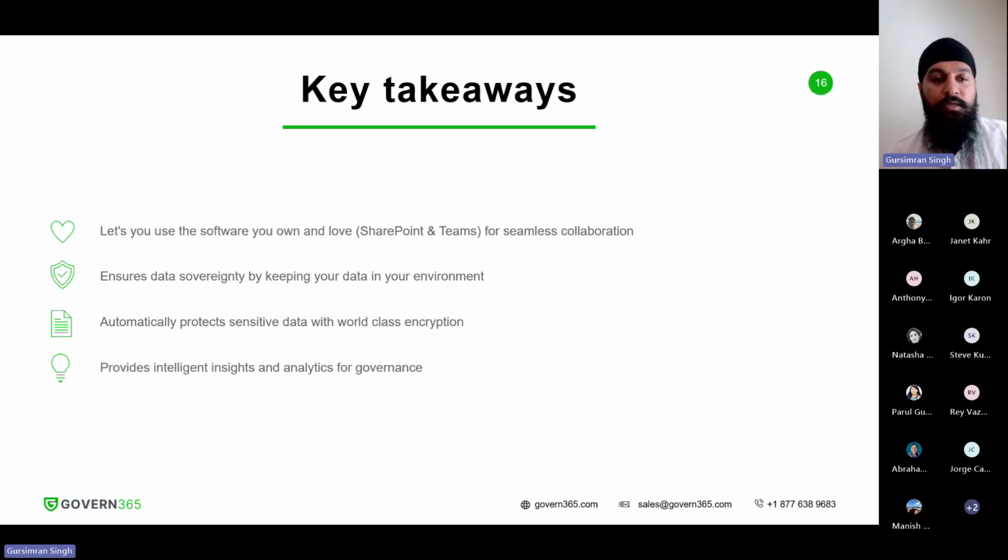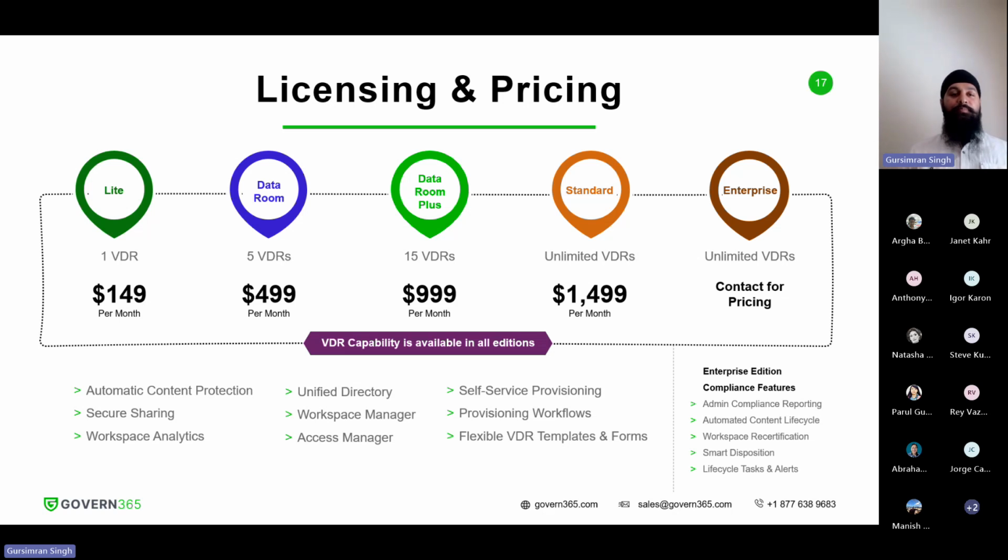Okay. All right. So I briefly brought up pricing a little bit earlier, but wanted to give you a full breakdown of what that looks like. So we have 5 different editions depending on what the need of the hour is. And you can always go from one edition to the other at pretty much any given time, and we just prorate the numbers based on usage. So our light edition is 1 virtual data room, and it's $149 per month.